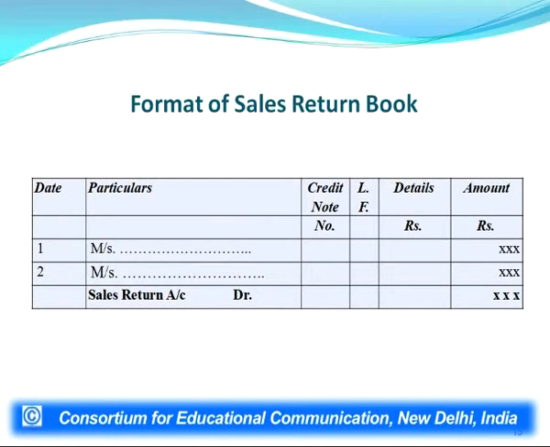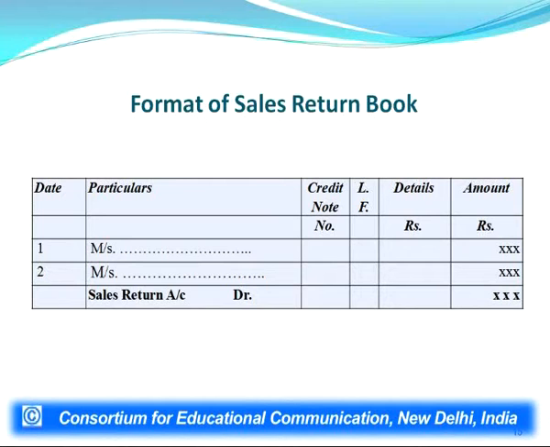Format of the sales return book, similar: date of transaction, then particulars in which the name of the customer with the detail of goods returned by the customer. If any credit note is there, then credit note number, ledger folio, details, that is amount of the different items of the goods and total amount.